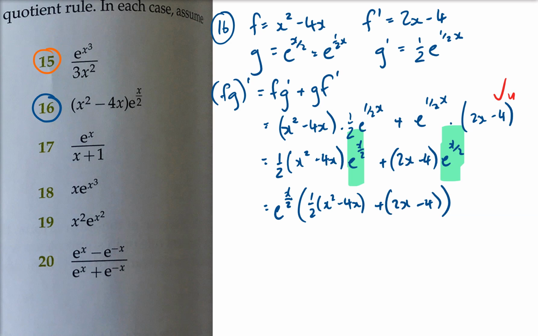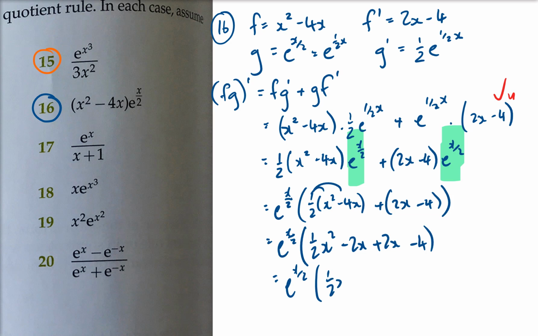But I could also expand that bracket. This would be e to the x over 2 into a half x squared minus 2x plus 2x minus 4. This is going to be e to the x over 2 into half x squared minus 4, because those ones there will cancel.